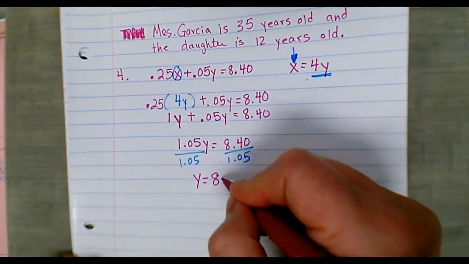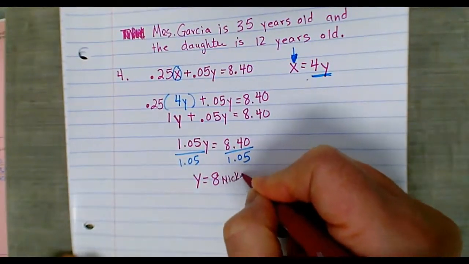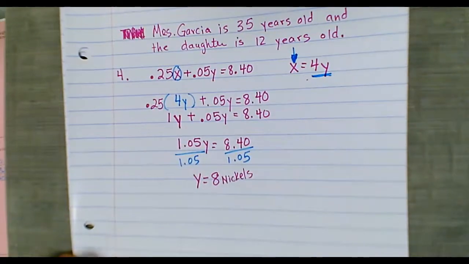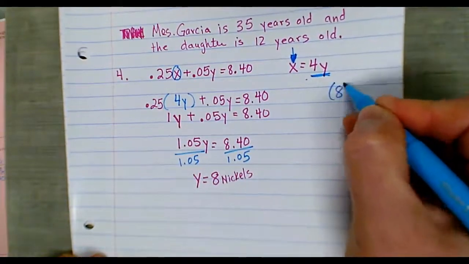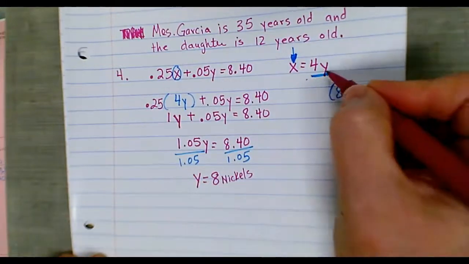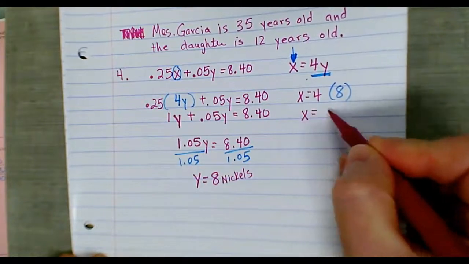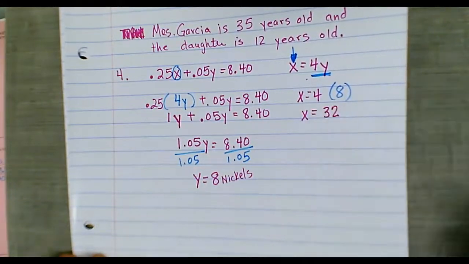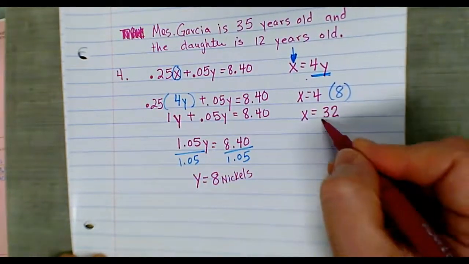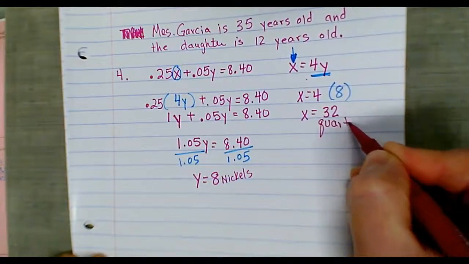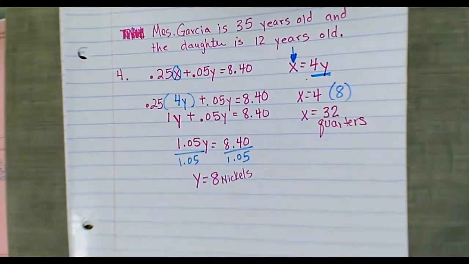And this represents the nickels. In place of the y, put that number I just figured out. And according to what we wrote down yesterday, the x represents the quarters. Now, those of you that have the problems open, were we supposed to come out with more quarters than nickels?